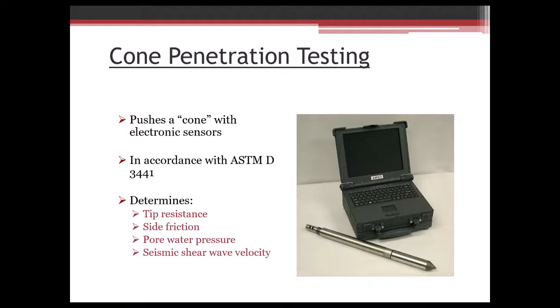And we use that seismic geophone to record when it arrives at the cone. So if we know the depth and we know the time that it took to get there, we can determine the shear wave velocity. The other parameter that's recorded with the cone penetration testing is the pore water pressure. That sensor is located just behind the tip, and it measures the water pressure that it sees at whatever depth it's at.